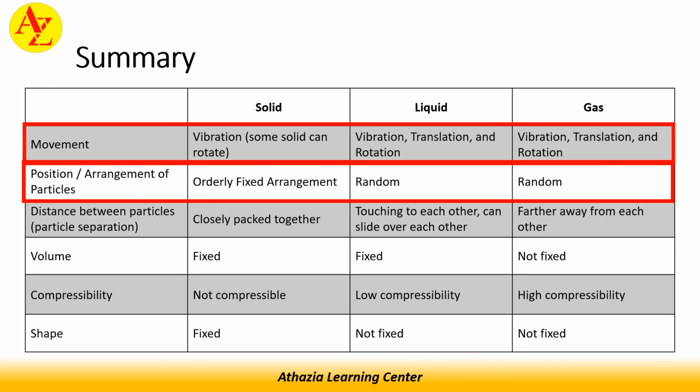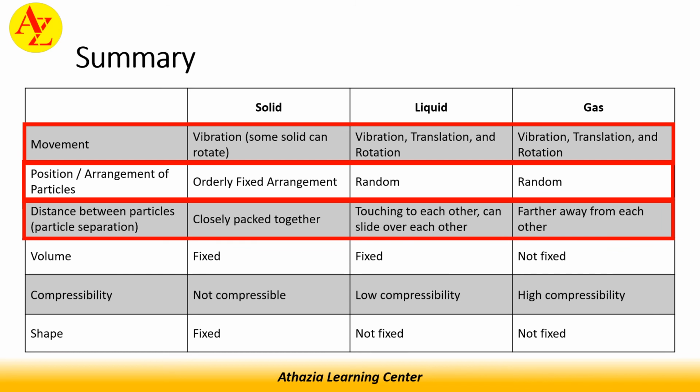For liquid, they are random. The gas is also random. For the distance between particles, or particle separation, in a solid they are closely packed together. In a liquid they are still touching each other, but they can slide over each other. For gas, they are farther away from each other.